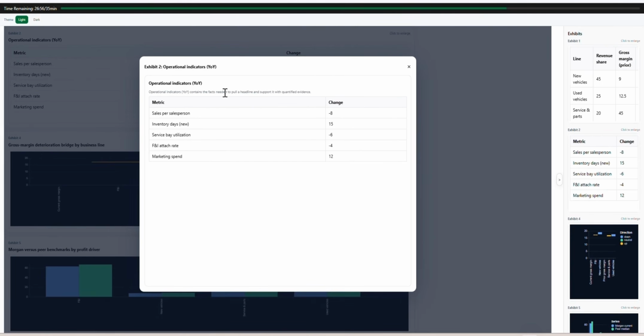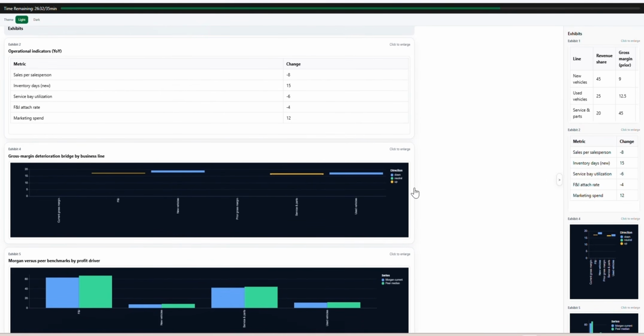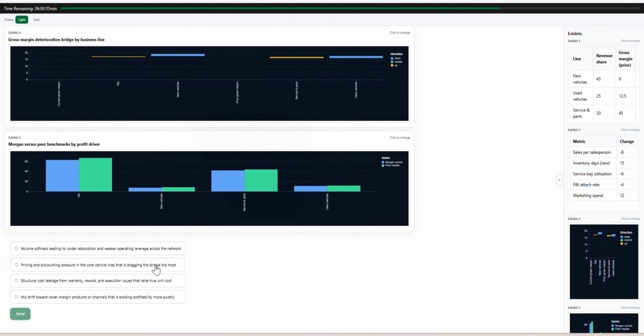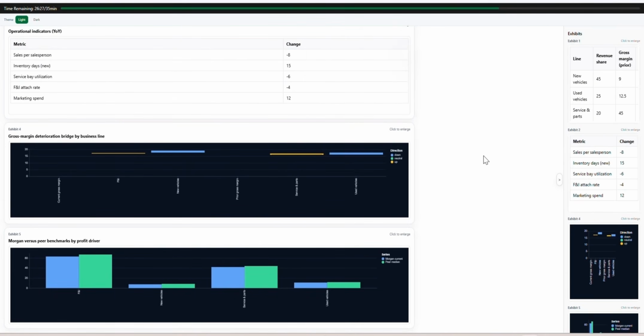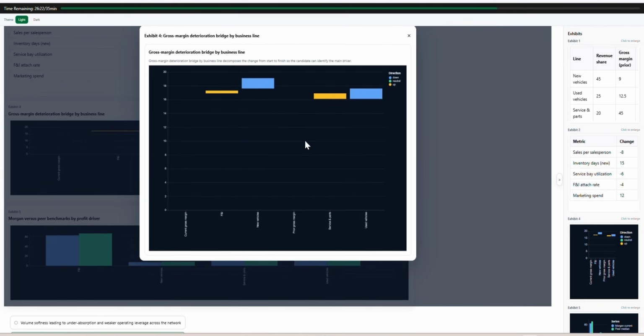It means the strongest primary explanation, once the evidence is combined, is pricing and discounting pressure. While it might be tempting to say it's the mix option because it sounds sophisticated, it's weaker than the direct evidence in the exhibits. So, for question 3, based off of the exhibits, what we're going to pick is pricing and discounting pressure. And once again, we can see this from Exhibit 4. All right, let's move on.